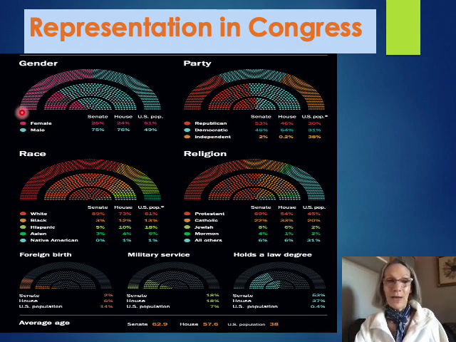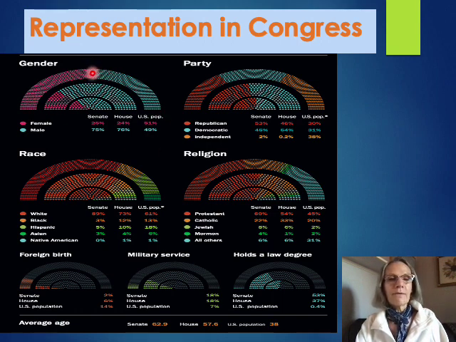Let's look then at gender. Obviously, this is what you're going to be talking about in your discussion. In the United States, there are more females than males. They've got the females in pink, of course, and blue for male.